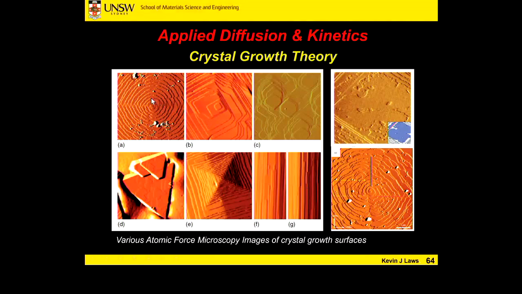Screw dislocations might invoke a spiral type growth, because screw dislocations themselves have a spiral or rotation factor about them in their strain fields. Edge dislocations might provide steps as well for atoms to attach to. So many examples there of this slow growth or birth and spread type growth in crystals.